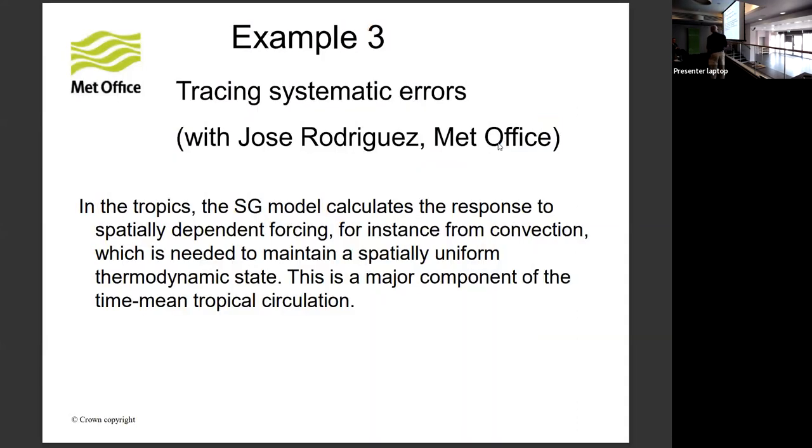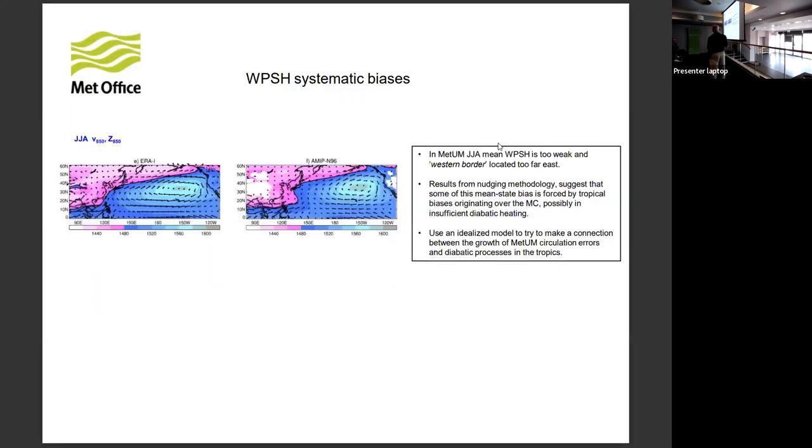And then my final example, a method which I really want to get in. This is the one that really shows this is worth it. I've already said that the diagnostic calculates the response to spatially dependent forcing in the tropics, mainly for convection. So Jose was interested in studying the systematic biases in the tropical Pacific.